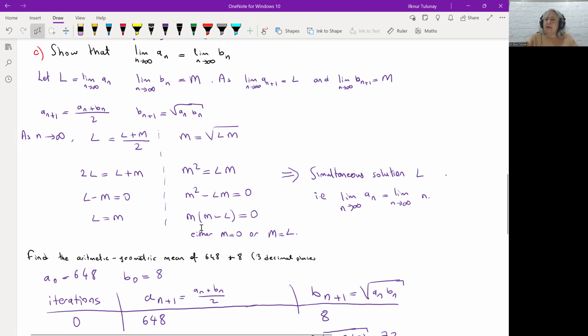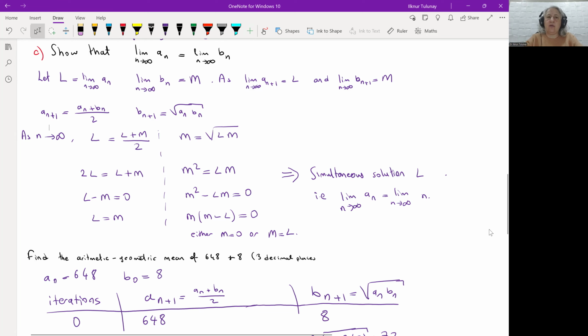Then either m is equal to 0 or m is equal to L. m cannot be equal to 0, because it means that everything is 0. You would have to start with 0, and that doesn't make sense at all. So we don't have that case, and m has to be equal to L. So the simultaneous solution of these two equations gives us that the limits have to be the same.